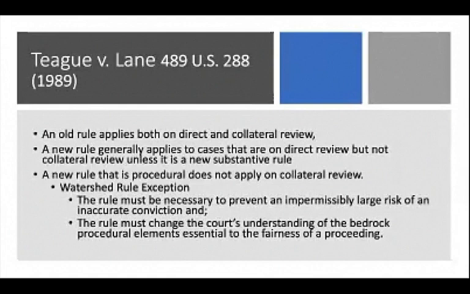If a rule is a procedural rule, it does not apply on habeas or collateral review unless it's considered a watershed exception, right? And a watershed exception is a rule that is necessary to prevent an impermissibly large risk of an inaccurate conviction, and it must change the understanding of the bedrock procedural elements essential to the fairness of a proceeding.